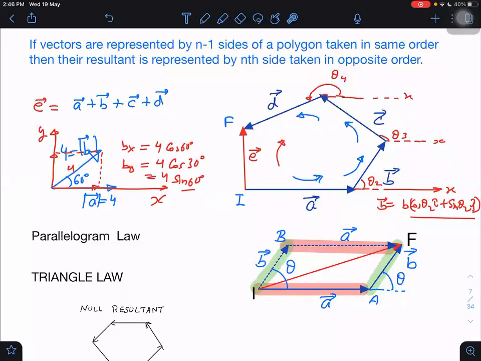So if I want to write the component along the y-axis in terms of the angle which is not made with the y-axis, then I have to put that sine term. But if I want to write the component along the y-axis in terms of the angle which is made with the y-axis, do I need sine? Then I don't need sine. Then cos of 30 is enough. Okay. Yes, sir.